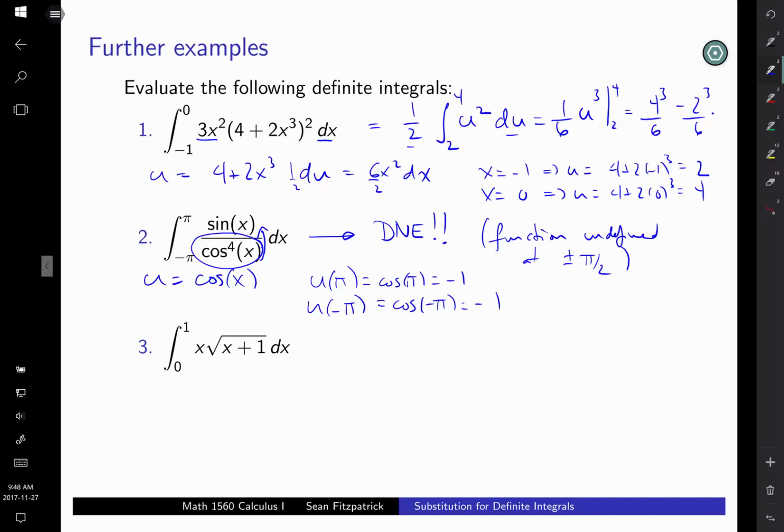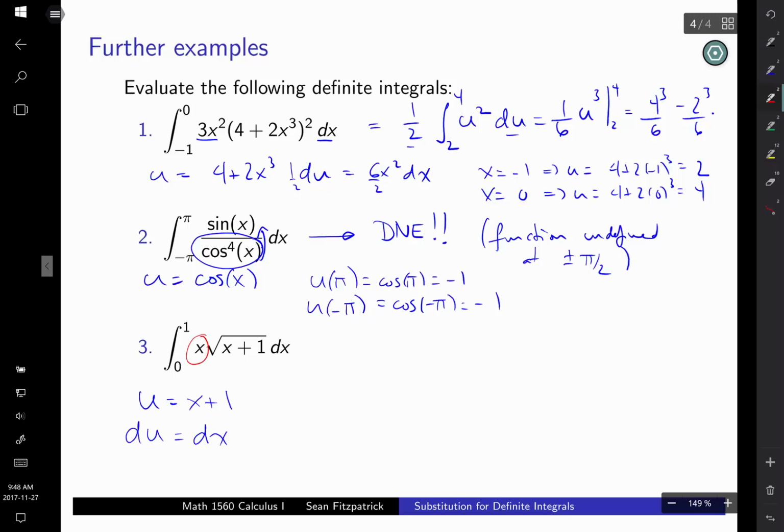What do we do with this last integral? There is one obvious substitution, right? I do have a function under the square root. Under the square root, I have u equals x plus 1. Okay. du, though, what is du? du is simply dx. So now you might be worried or wondering, what do I do with this x out front?